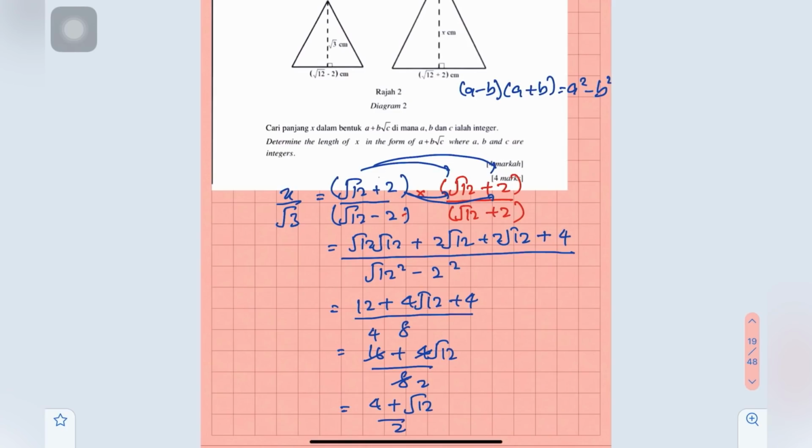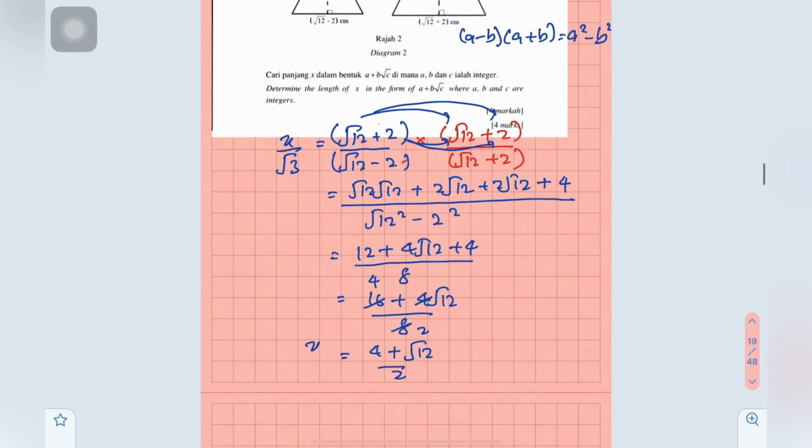Okay, this one ni x over root 3 kan. So kita kena darab dengan root 3. So x sama dengan 4 tambah root 12 darab dengan root 3 over 2. Okay, so this one kita expand lagi.